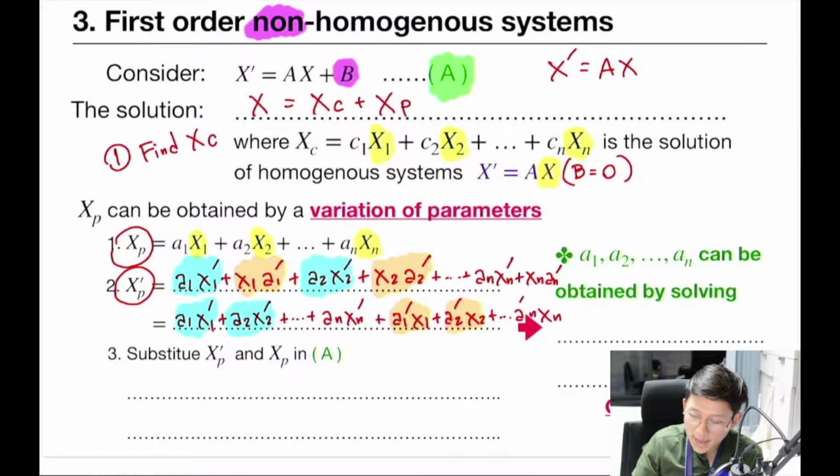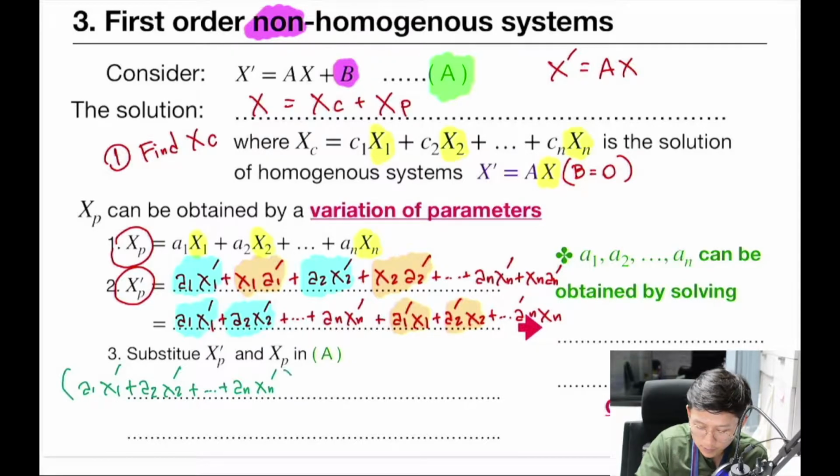So what we have would be, x prime, that would be a1 x1 prime plus a2 x2 prime plus so on plus an xn prime, and then plus a1 prime x1 plus a2 prime x2 plus so on plus an prime xn.